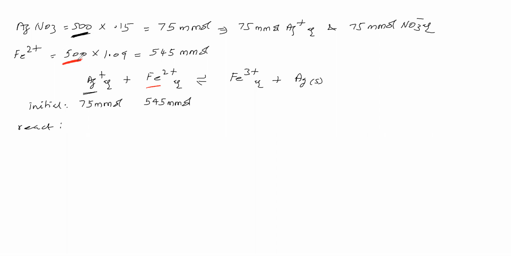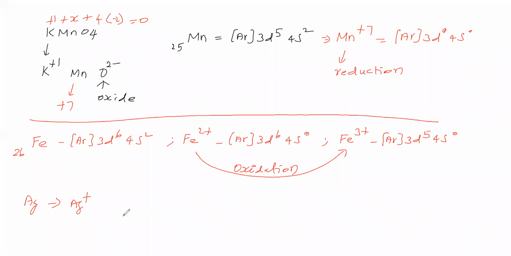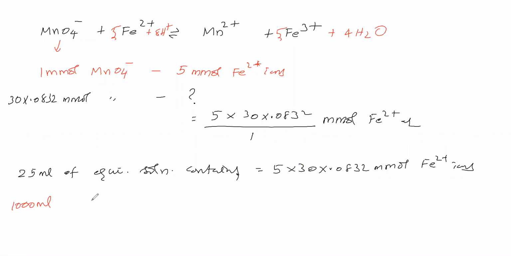That means totally we have taken 1000 ml of solution initially. At equilibrium also, 1000 ml of solution will be there. Of course, instead of Ag plus, Ag will be there, but 1000 ml of solution will be there.